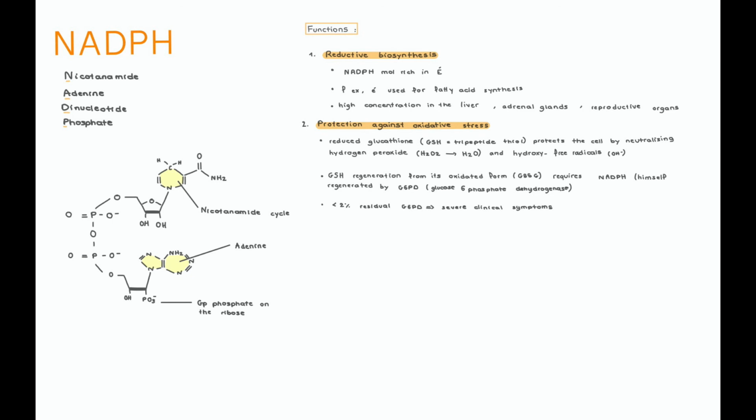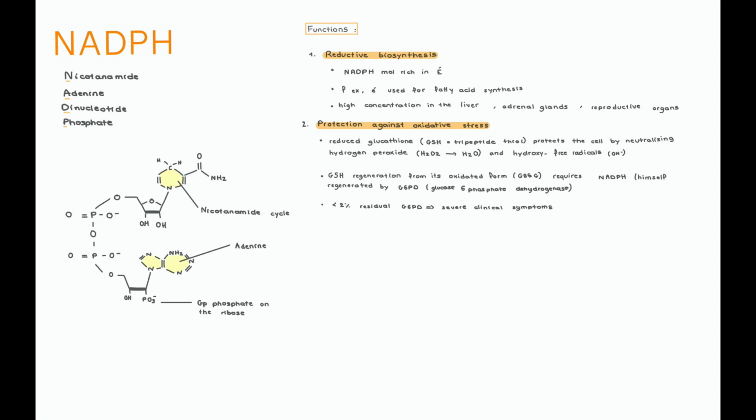The reduced glutathione, or GSH, protects the cell by neutralizing hydrogen peroxide, so transforming it into water, as well as free radicals such as OH. So these free radicals and hydrogen peroxide are really toxic to the cell. And so reduced glutathione is going to help do that, right?